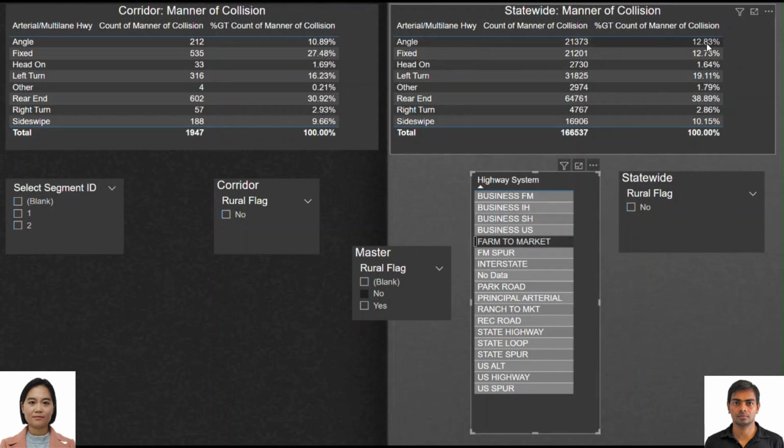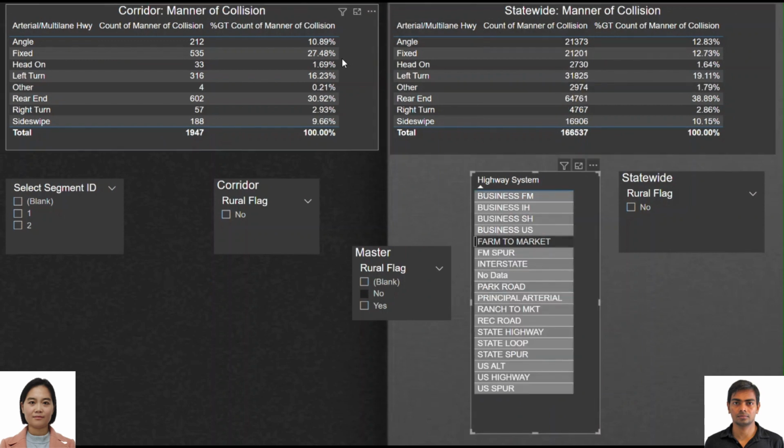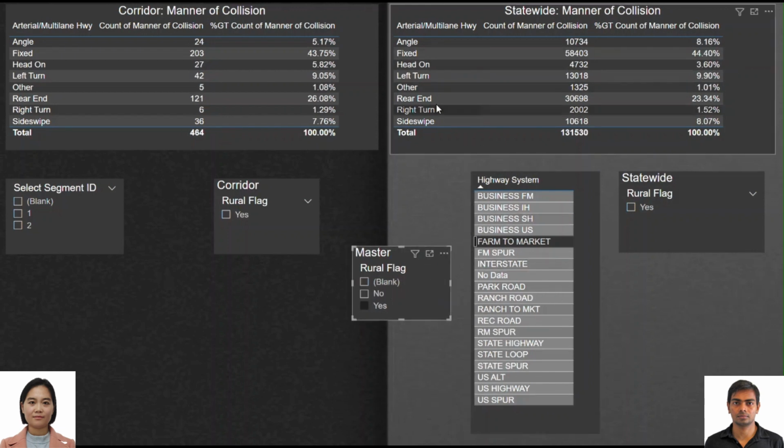Now we can look at the distribution for farm to market road only. Assuming the left hand side corridor is farm to market road, if I select farm to market road here, we'll notice the right hand side gets filtered. In this case, the fixed object crashes is 27%, which is higher than regular farm to market road crashes in the urban area. Let me switch this to rural.